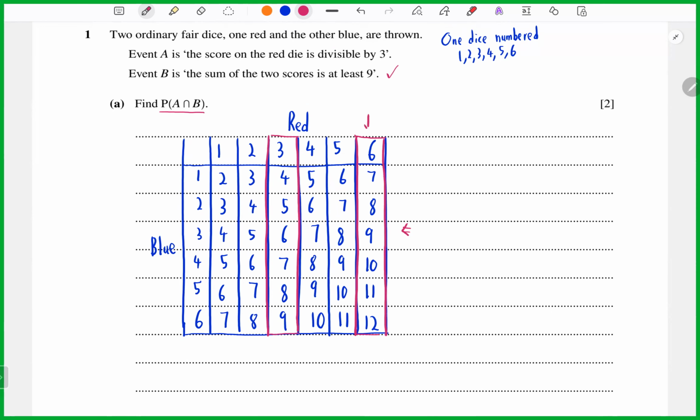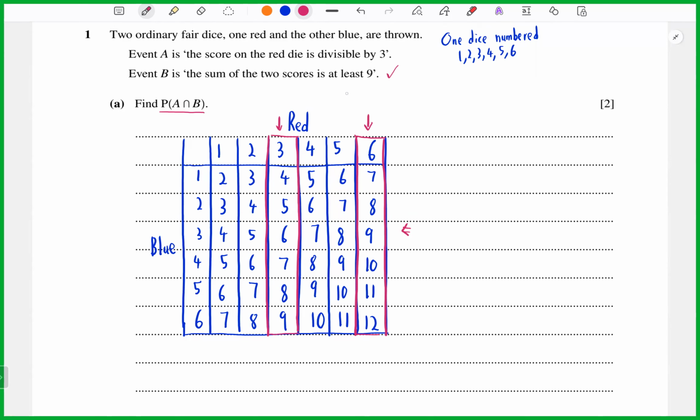So we focus on 3 and 6, because the numbers 3 and 6 are divisible by 3. And now we look at the columns for 3 and 6. So let's see: 4, 5, 6, 7, 8, 9, right?